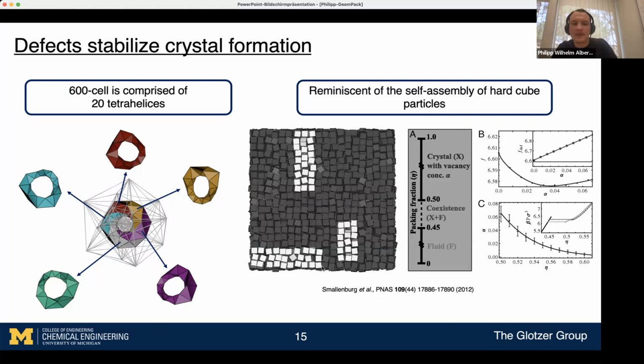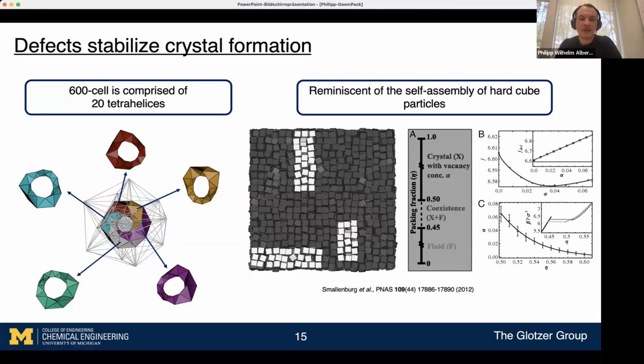And the interesting thing about the 600 cell is that there are rows like these also present in the 600 cell, which are these so-called tetrahedra loops, or tetrahelix loops, which are on a geodesic of the hypersphere S3.